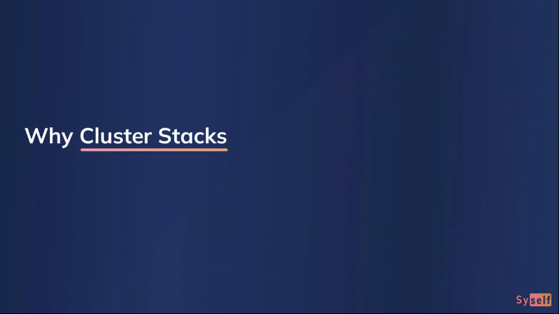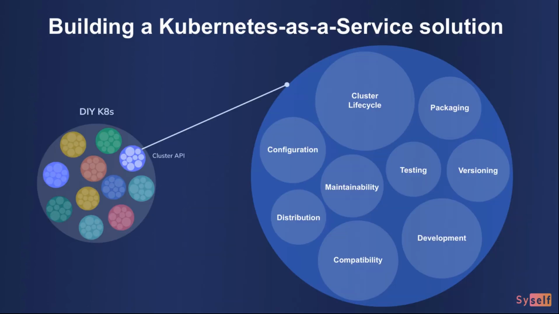Okay, so why cluster stacks? What we wanted to achieve was to build a Kubernetes as a service solution. And there are a lot of things that have to be done. You see some of the things there. It starts with that a cluster consists of a lot of configuration. And there we can go through all the layers.